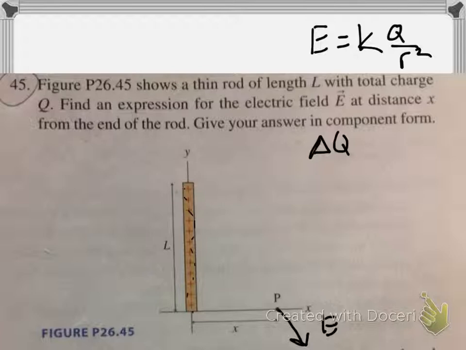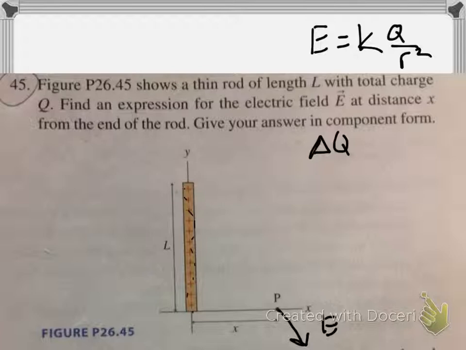For the ring of charge, we needed to do zero calculus. Why was that? R is the same. The distance to the charge never changed, so we could just add up the effects and be done. But now we are trying to add up the effects of something that's changing, and thus we must use integration. So that's the idea there.